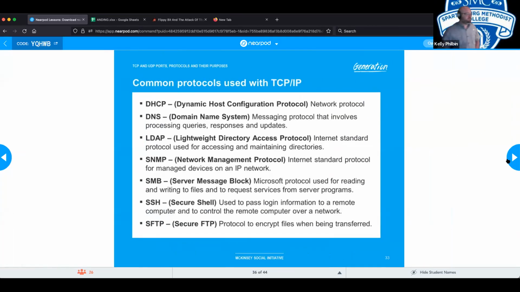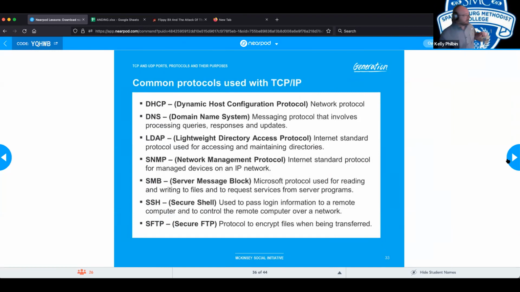All right. So common protocols, just kind of revisiting. We have DHCP, which is Dynamic Host Configuration Protocol. Those are the servers we use to hand out our IP addresses. DNS is the protocol that does the association between your fully qualified domain name and the IP addresses. It's kind of like a phone book for the internet.